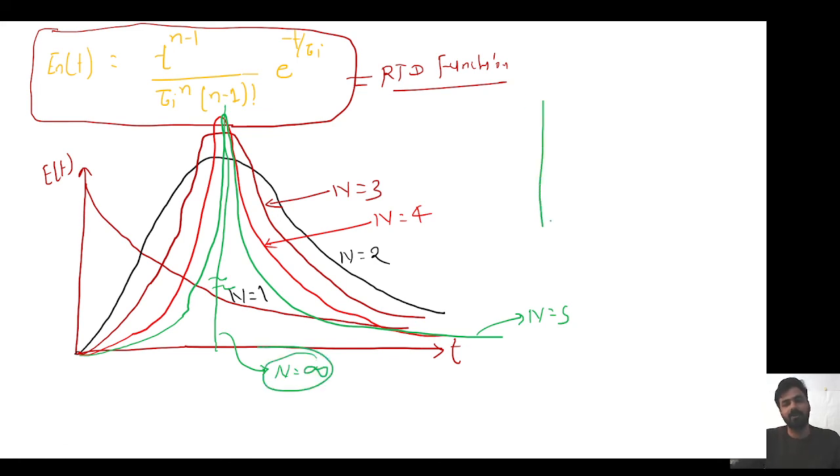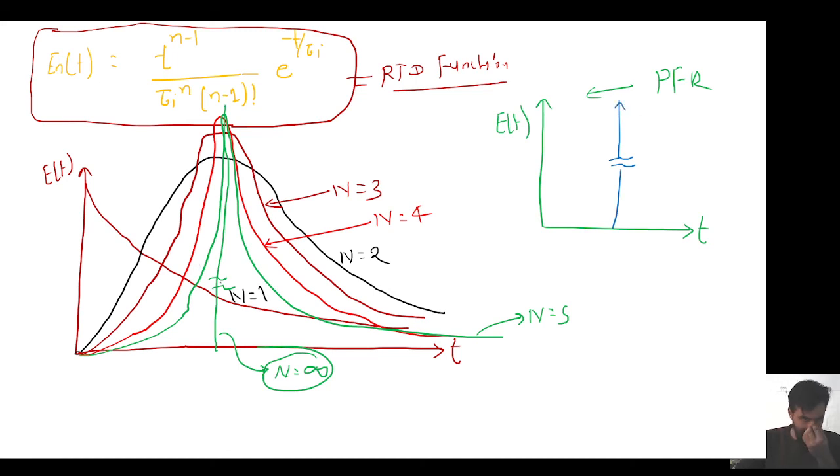So when we talk about the E(t) versus t curve of a PFR, how does it look? Just try to understand. It looks like this one. It is a Dirac delta function. And again here you also see when n is equal to infinity, it also looks like this.